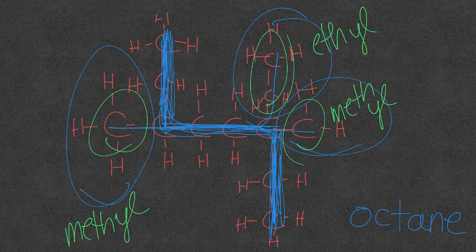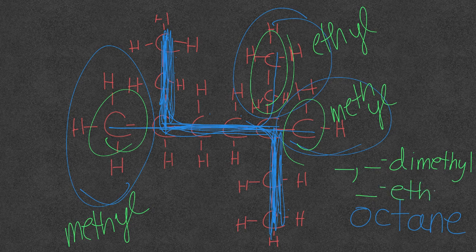When you go to do the name, it doesn't matter what order you go in. So you could say blank, blank for the numbers, dimethyl, because there's 2 methyls, blank, ethyl, octane. Or you could have said blank ethyl, blank, blank dimethyl. So basically, dimethyl, ethyl, doesn't matter which one you list first.